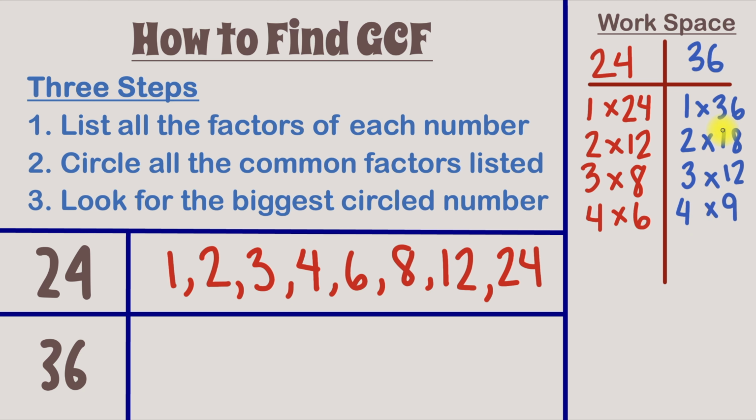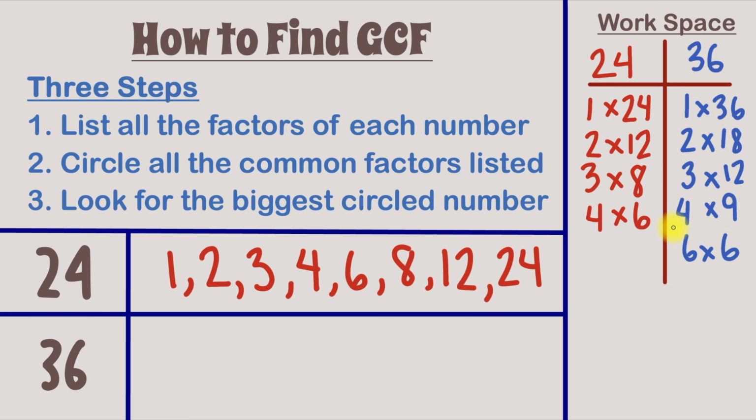No. Can 6 go into 36? It absolutely can. And that would be 6 times 6. 7 can't go into 36. 8 can't go into 36. 9 can. But 9 is already there. And that means we're done. Because all that would happen is our factors would just repeat in the opposite order.